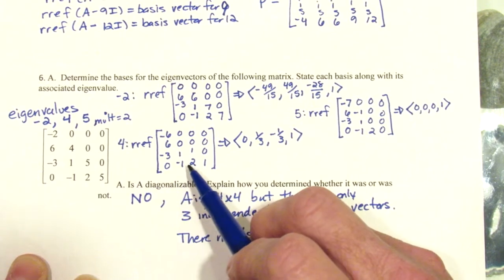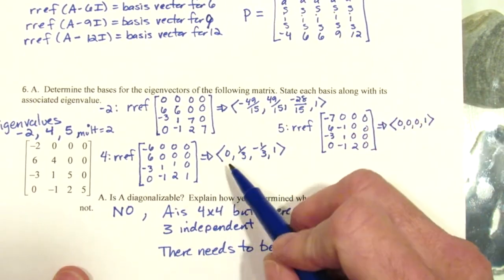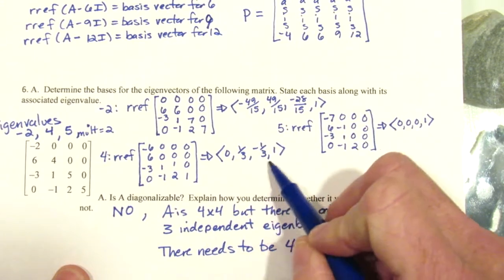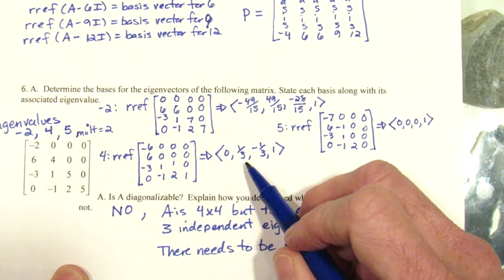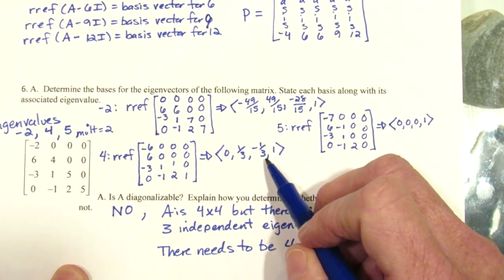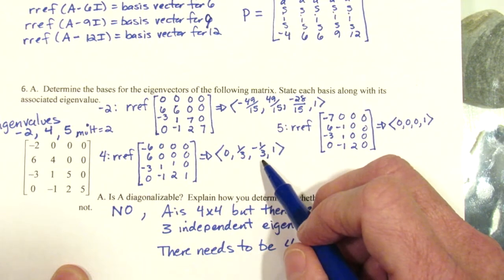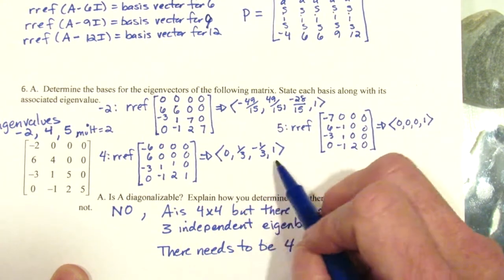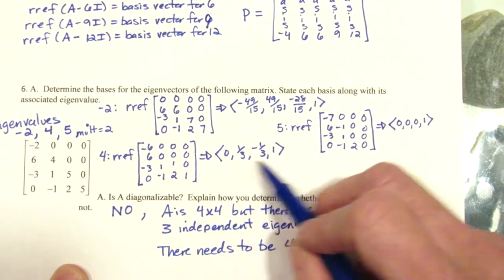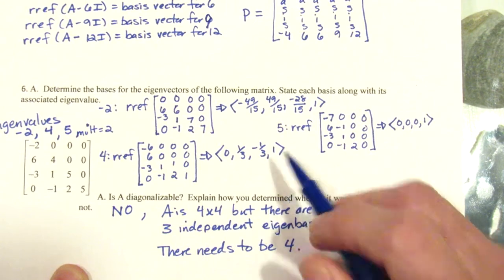If you row reduce that, then you get a matrix that gives you this as the basis vector. So x ends up having to be 0, and then y and z are related to w: y would be 1/3, z would be -1/3 if w was 1. So once again, any vector that's a multiple of this vector would work as a basis vector for 4.